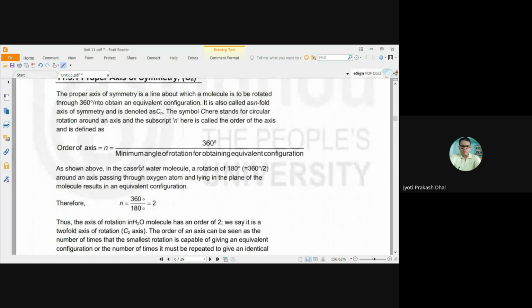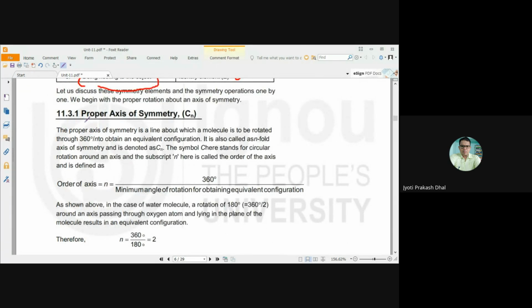So here we will discuss the first one, that is called the proper axis of symmetry, Cn. The proper axis of symmetry is a line about which a molecule is rotated through an angle 360 divided by n to obtain an equivalent configuration. Then it is called an n-fold axis of symmetry and it is denoted as Cn.